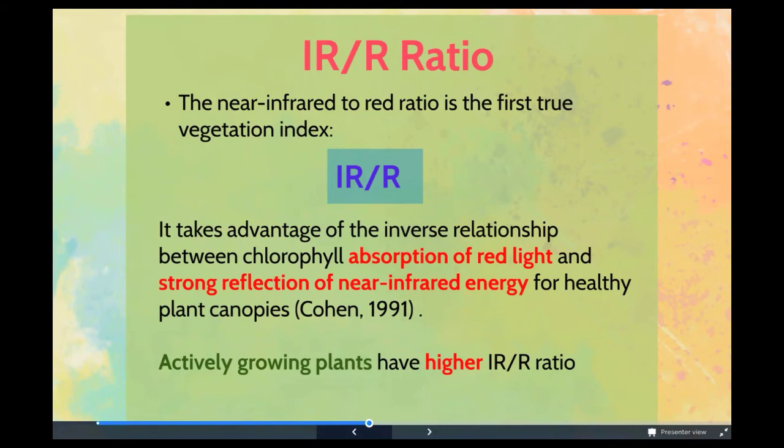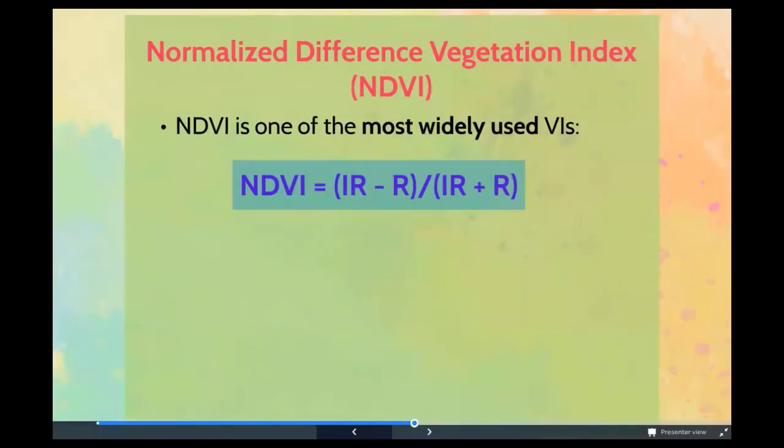Because in this case, the IR and R ratio can get extremely high. Maybe you calculate an IR and R ratio that is higher than 1,000, which is too high to have any relative meaning. So to solve this problem, NDVI is more commonly used.